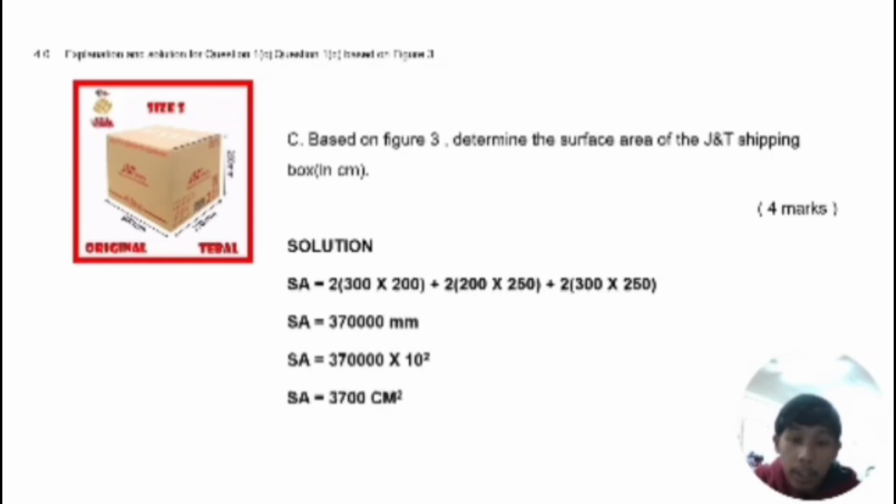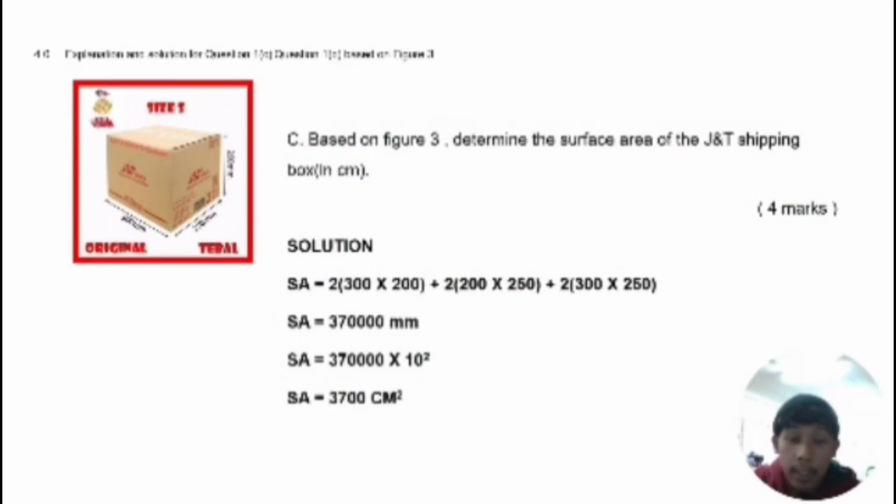So we have to write 2, open the bracket 300 times 200 close the bracket, plus 2, open the bracket 200 times 250 close the bracket, and the last one plus 2, open the bracket 300 times 250. Then we get the answer.